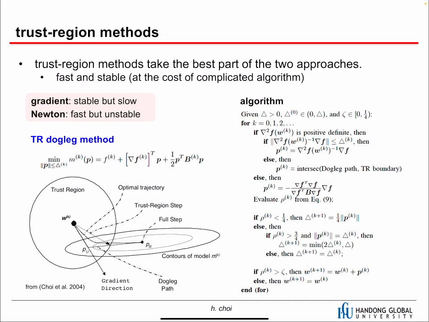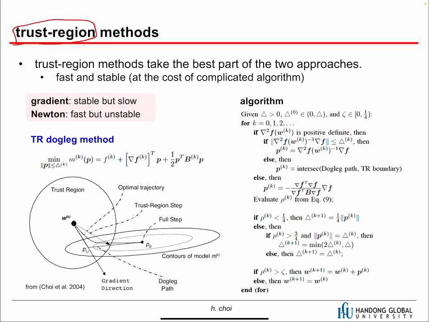This is an iterative solution. If in the previous iteration the quadratic approximation was good enough, then we can increase the trust in the second order approximation. But if in the previous iterations the quadratic method is not working great, then we can reduce the trust region. That's why we call it trust region. The trust region defines how much we can trust this quadratic equation.